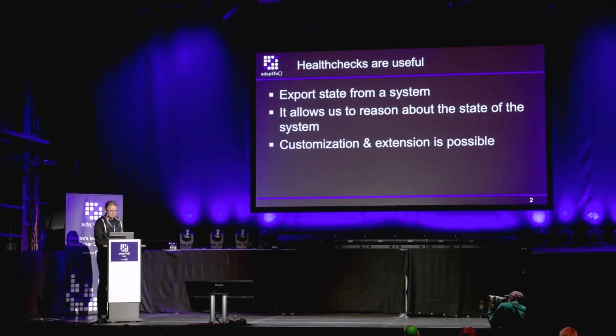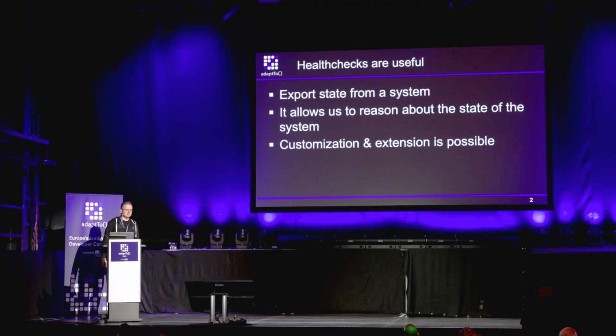I want to briefly tell you a bit about health checks in cloud service and why they are useful. They export a certain state from a system, and it allows us to reason about the state of the system. It tells you basically, is the system ready?